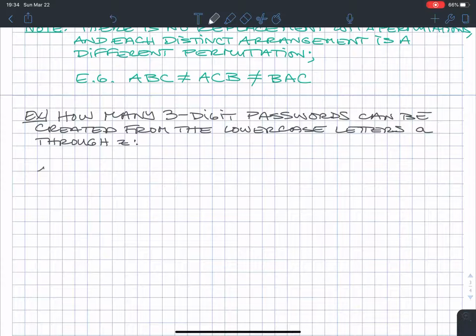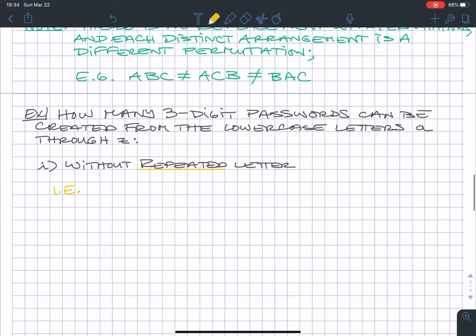So number one, let's do without repeated letters. The word repeated here is equivalent to saying I'm not replacing any letters once I choose one, i.e., without replacement.